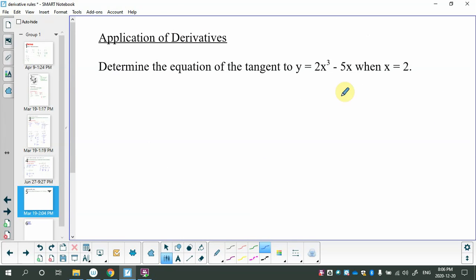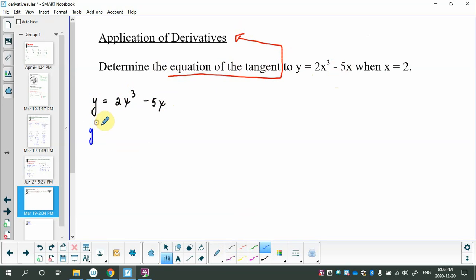So here's a question. We might have even done this question in limits. It says determine the equation of the tangent. Fancy way of saying take the derivative. So I'm going to write this down. And instead of doing limits, I'm going to take the derivative.